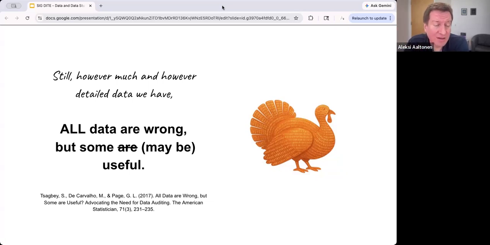Just to give you an example, I asked Grok AI who is Aleksi Aaltonen, and it said Aleksi Aaltonen is a fairly common Finnish name, and I'm definitely not the most important Aleksi Aaltonen in Finland.